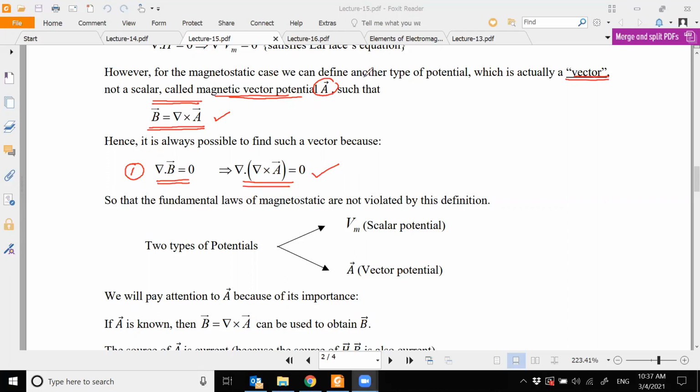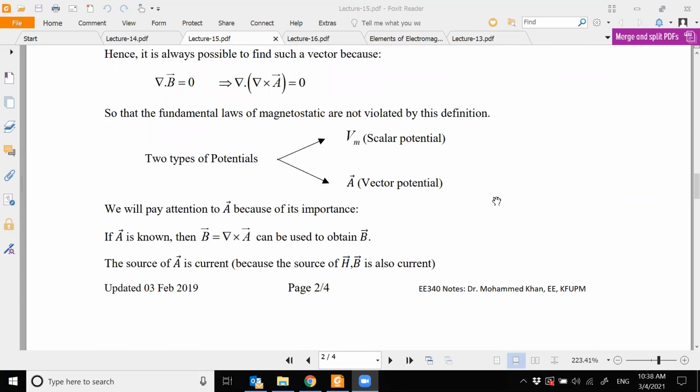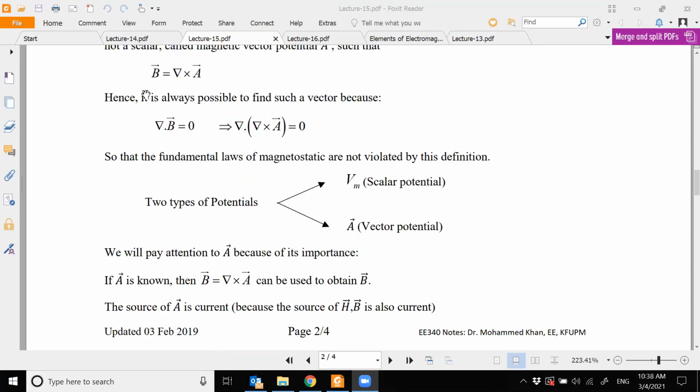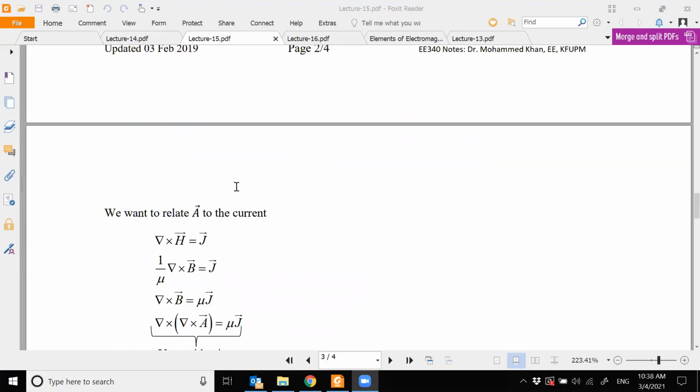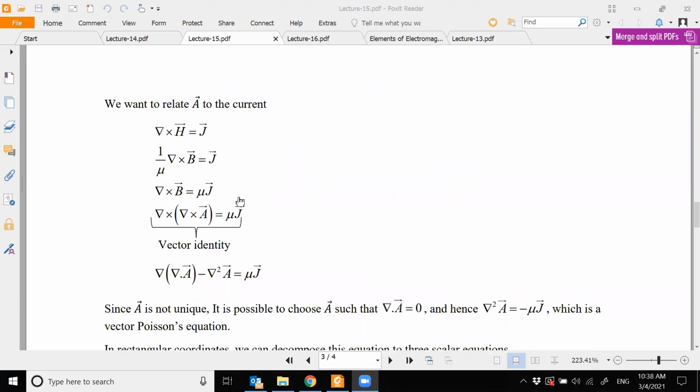Now we go to the next one. As I told you, we have two types of potentials, scalar and vector, and now we are using a vector potential. The second one is our Ampere's law.